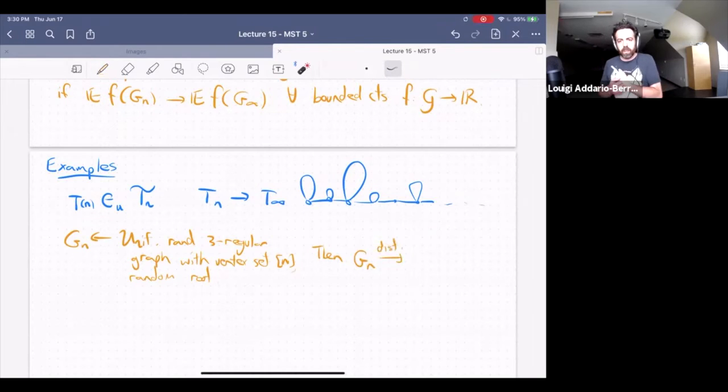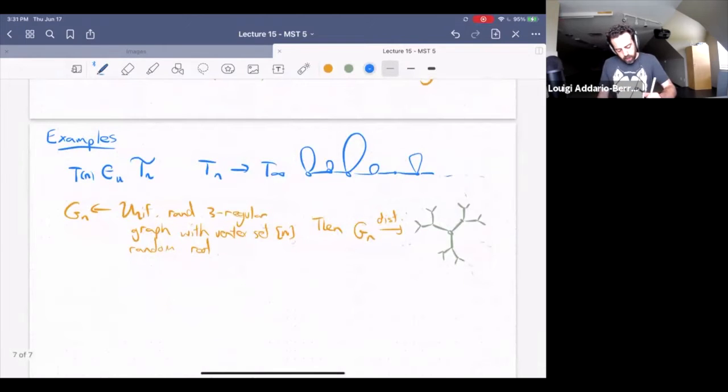Every vertex has degree 3, and the limit can be described by a local calculation, which is one of your exercises for today: to check this. With high probability, such a graph won't have any cycles within any fixed bounded distance from a fixed point. That means the local limit will look like an infinite 3-regular tree.